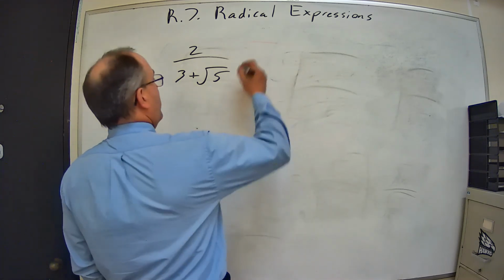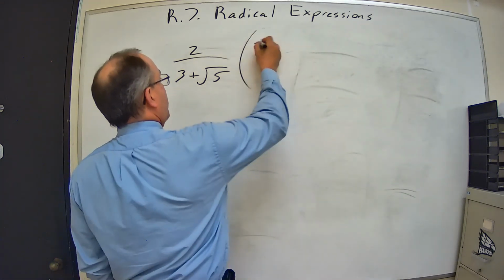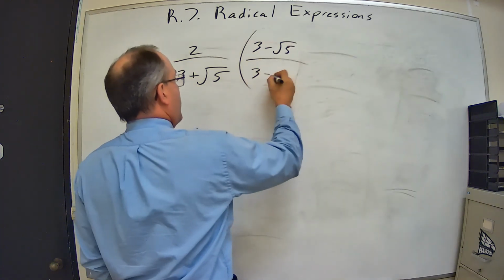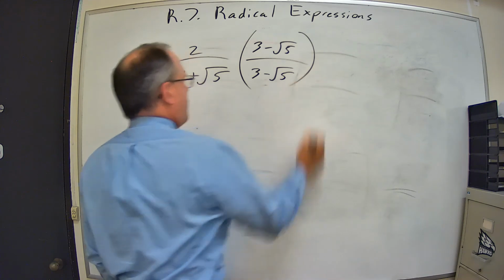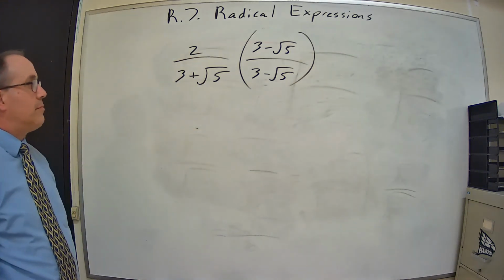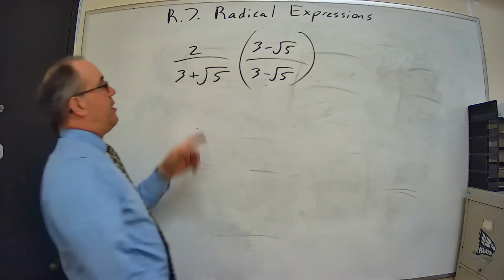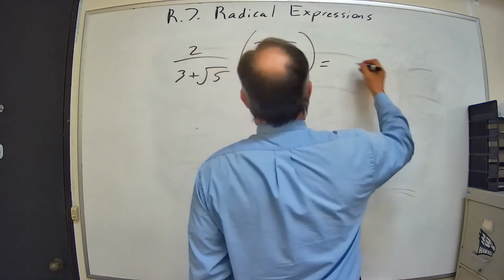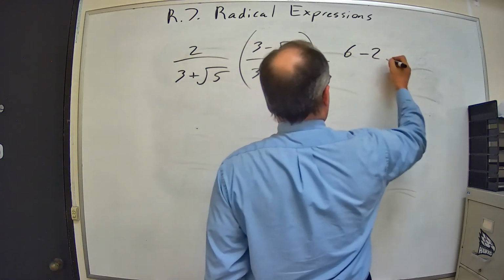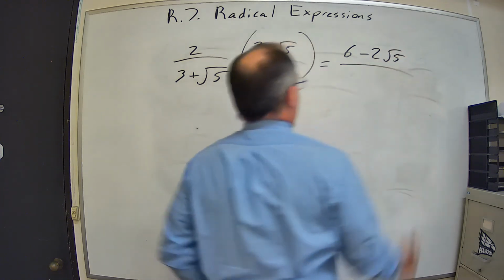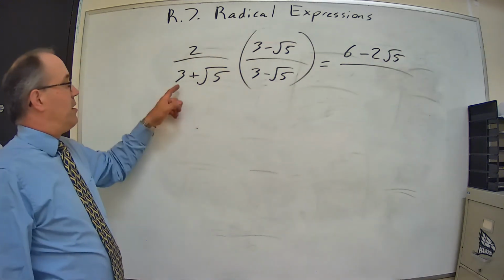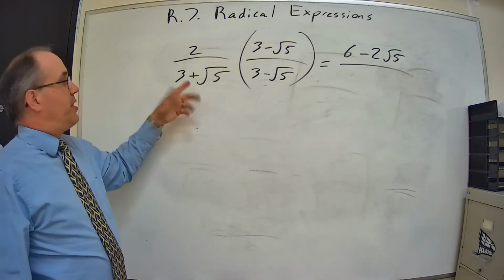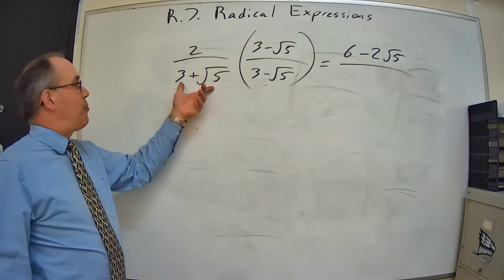So what we can do is multiply this by 3 minus radical 5 over 3 minus radical 5, and then we can distribute through on the top. That's going to give us 6 minus 2 radical 5. And on the bottom, we're going to be taking FOIL, but in this case, we know what's going to happen, the product of the sum and the difference.